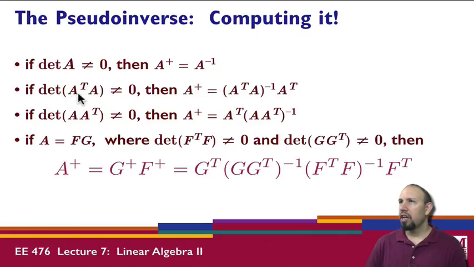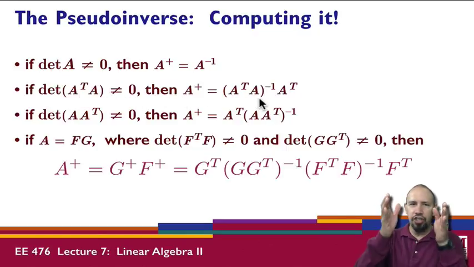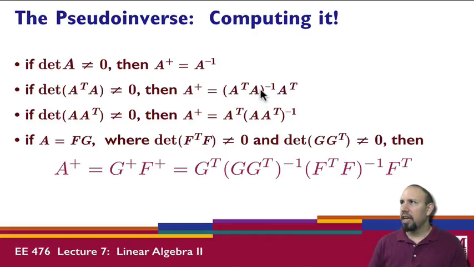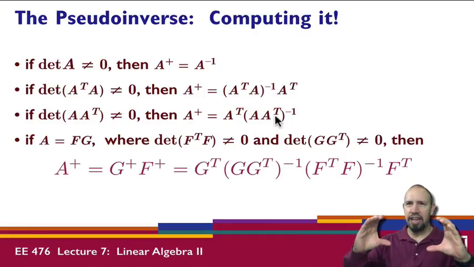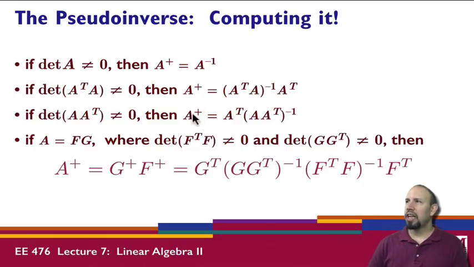Notice that a non-zero determinant is required to get this product's inverse, but I have a formula for that. If the determinant of this product is not zero, then the pseudo-inverse is given by this formula. This would be the case when the matrix A is tall and thin. This other case here is when the matrix is short and fat, and that's the kind of situation.